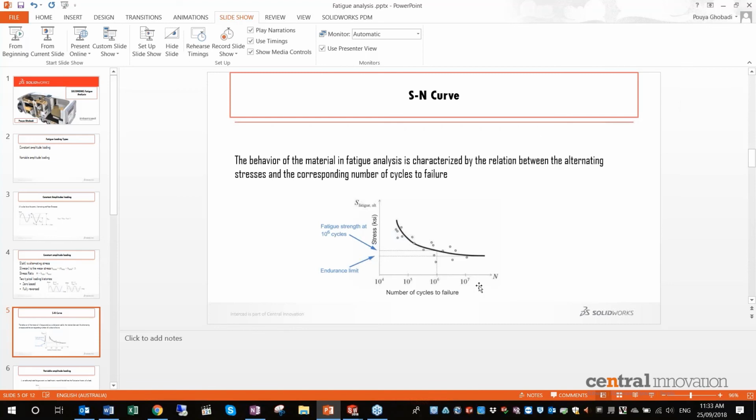You get the SN curve from testing the materials. I believe you can download some information from some material databases online. You can purchase some information, or if your material is really specific, you have developed the material yourself, you have to do a series of tests.